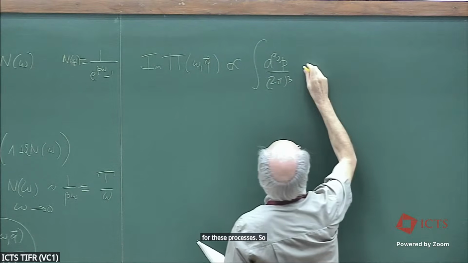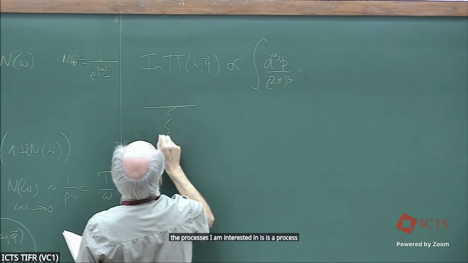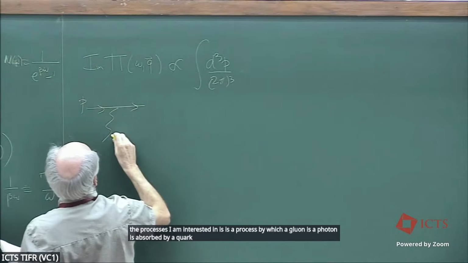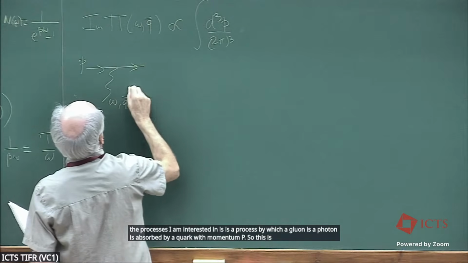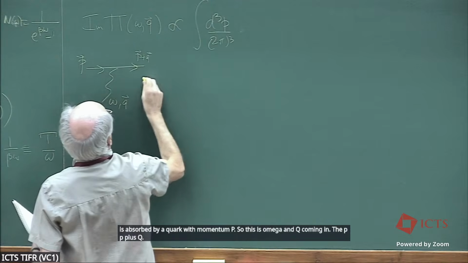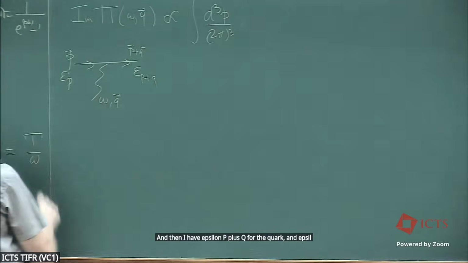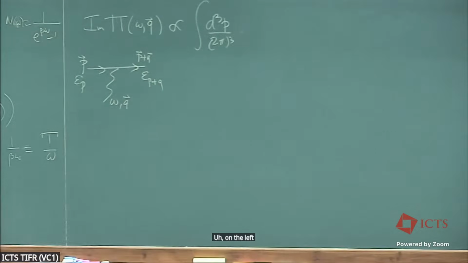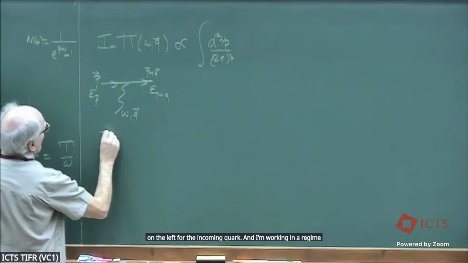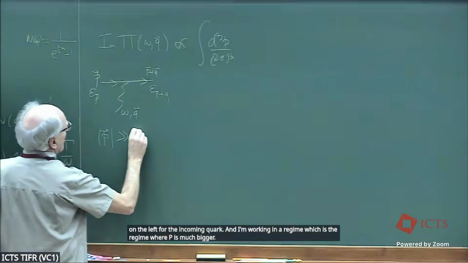The process I am interested in is a process by which a gluon or a photon is absorbed by a quark with momentum p. So this is omega and q coming in, p plus q. And then I have epsilon p plus q for the quark and epsilon p on the left for the incoming quark. And I'm working in a regime where p is much bigger than q.